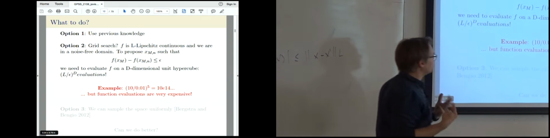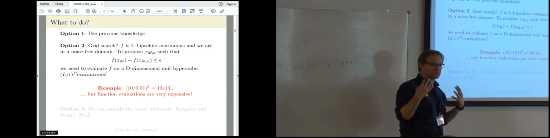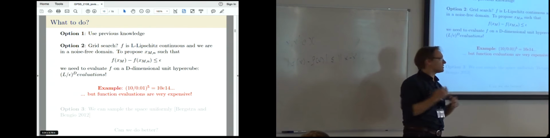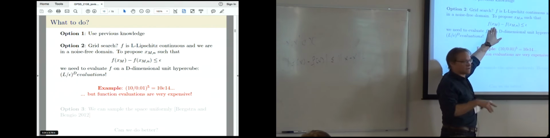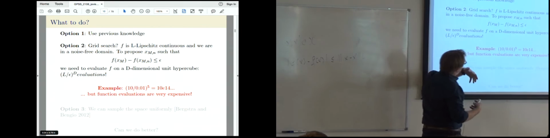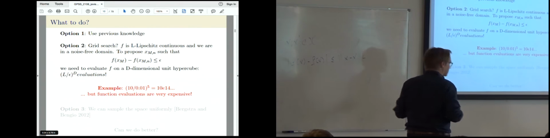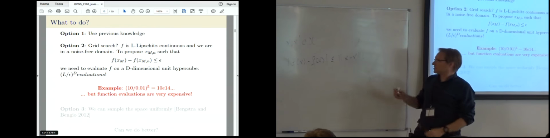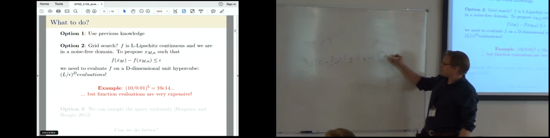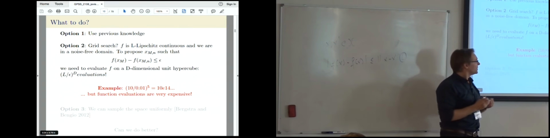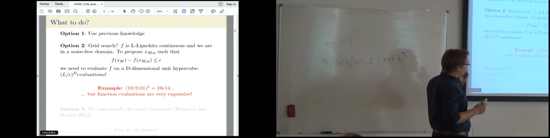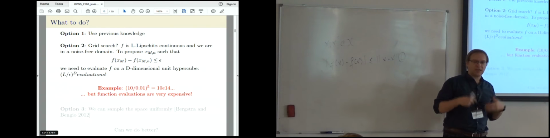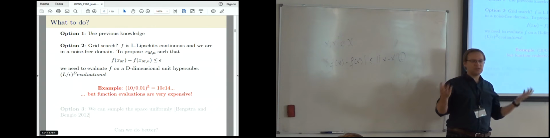So what happens when you do grid search? So remember the previous problem that I defined, the one we tried to solve. Xm is the optimum, right? So imagine that I have a Lipschitz continuous function with some particular value of the Lipschitz constant that I know. Then I want to bound the error that I'm making when I'm doing grid search, right?